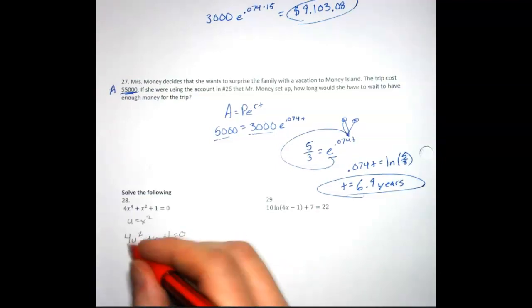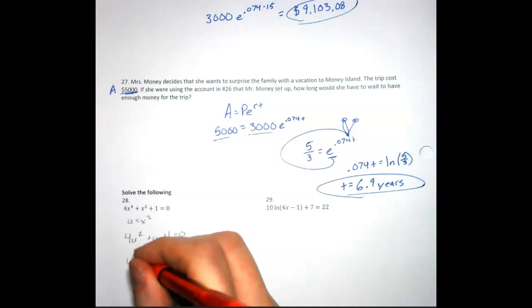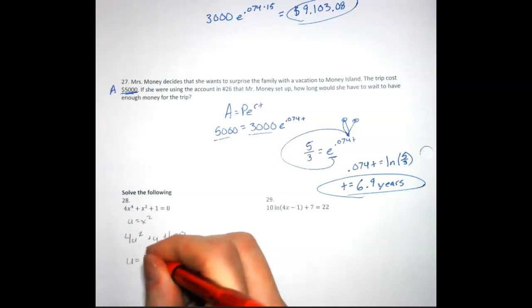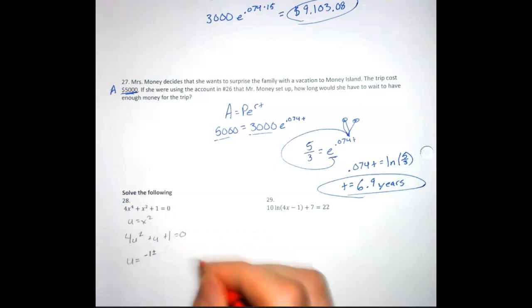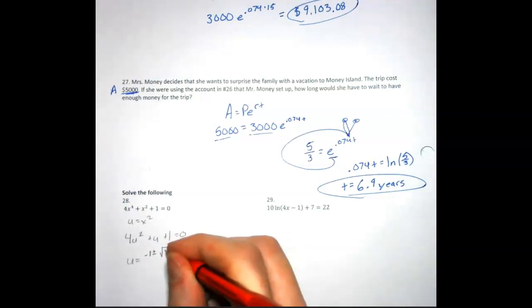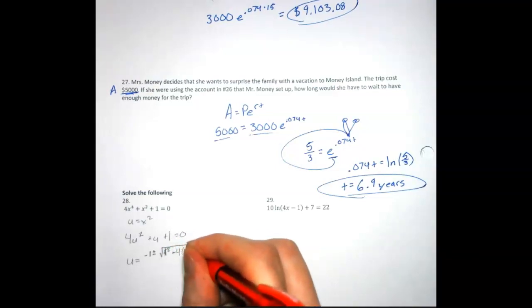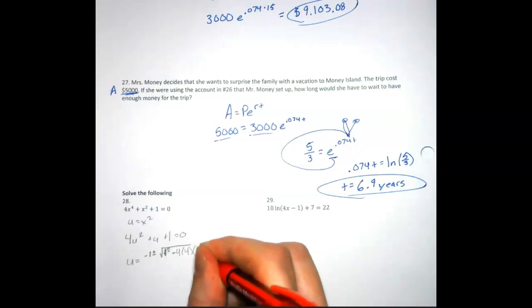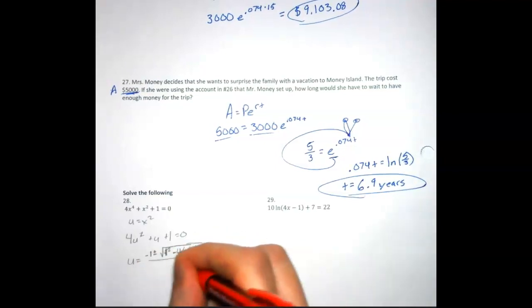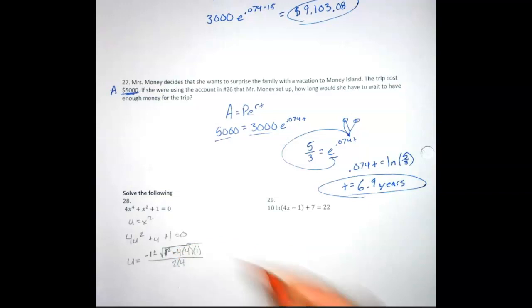So we'll have u equals -1 plus or minus the square root of 1 squared minus 4 times 4 times 1, all over 2 times 4.